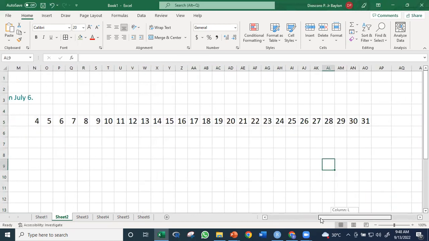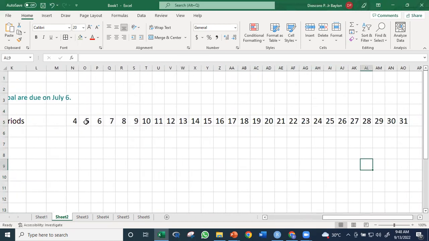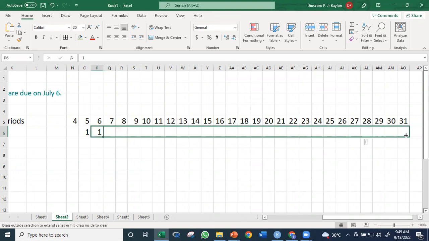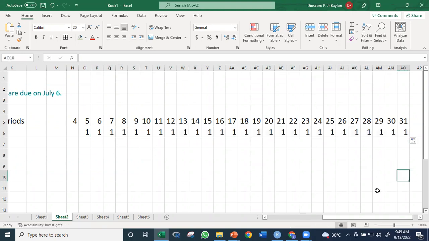Okay. How many periods are there from March 4 to March 31? Okay, so how do we count this? From 4 to 5, that will be 1. Okay. March 4 to March 5 will be 1 period, right? And then March 5 to March 6, that will be another period. So it will be 1, 1, 1 until March 30 to 31. Okay.